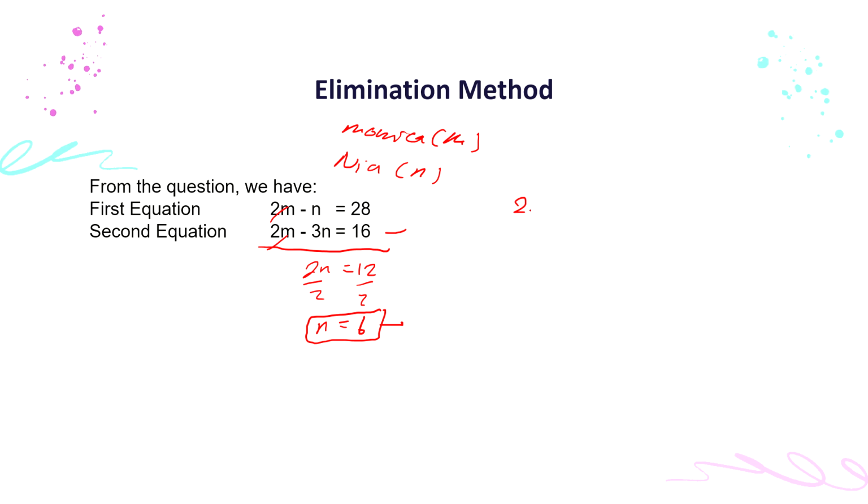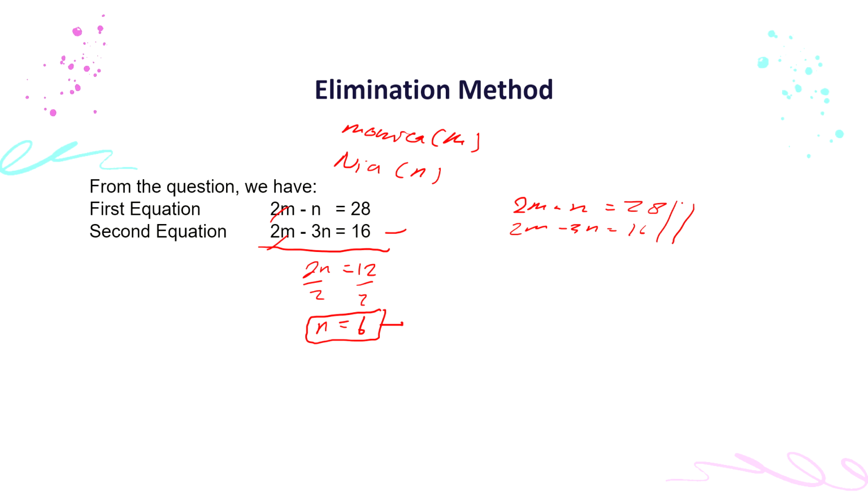I will rewrite the equations. So 2m minus n is equal to 28, and 2m minus 3n is equal to 16. Because we want to find the value of m, we have to make the value of n equal.